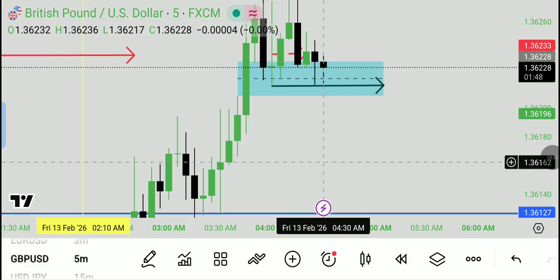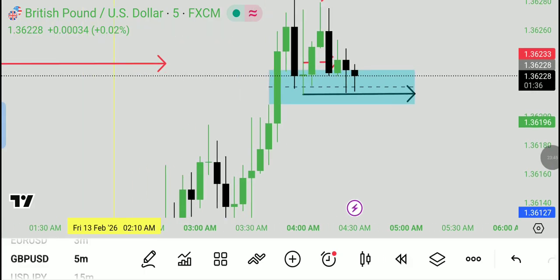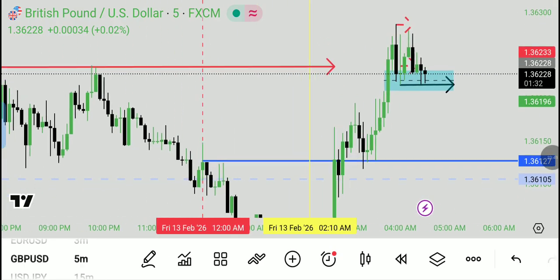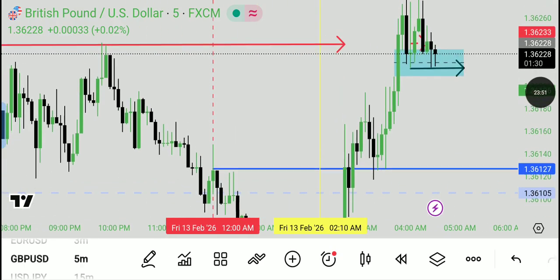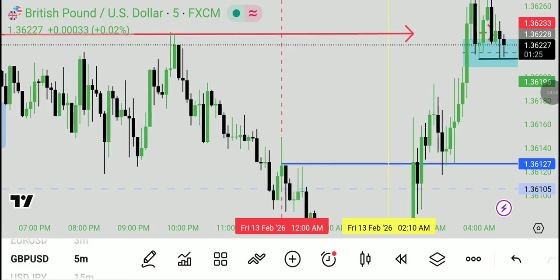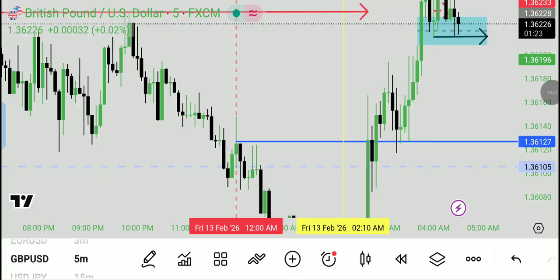The assignment I'm going to give you is that from 7 o'clock to 9 o'clock, look for relative equal highs and look for an imbalance that is above it. Watch how many days the market uses the relative equal highs and relative equal lows to work.